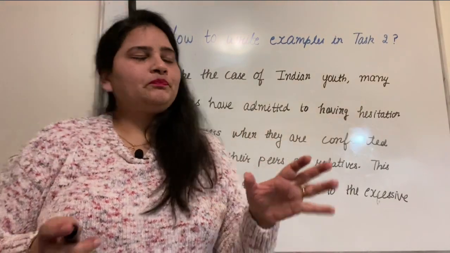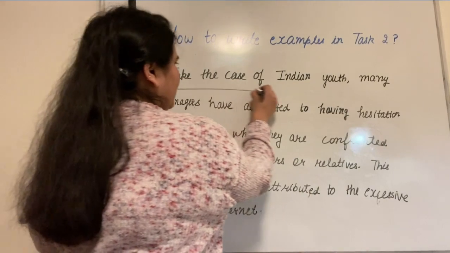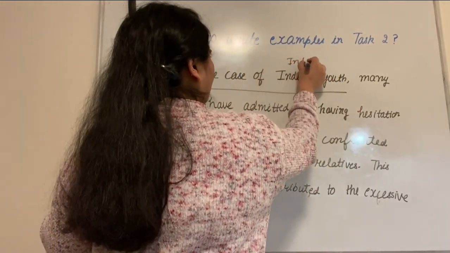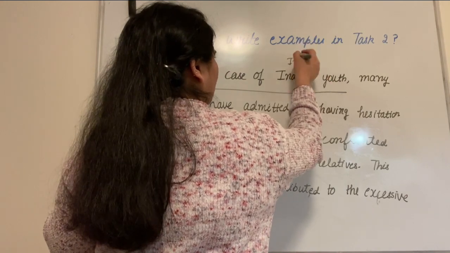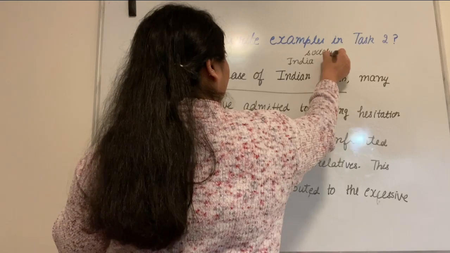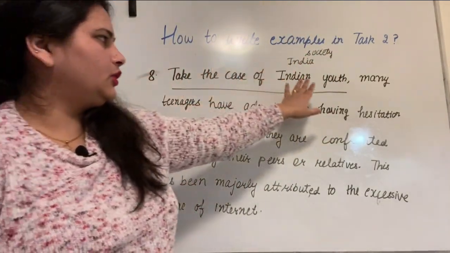The last way is to simply talk about, like I have written, take the case of Indian youth. You can say take the case of India. You can talk about take the case of some society, like according to your essay. Like I have written, take the case of Indian youth.